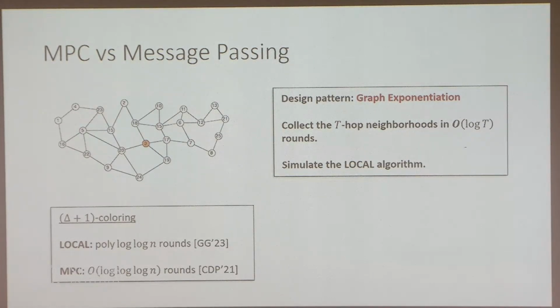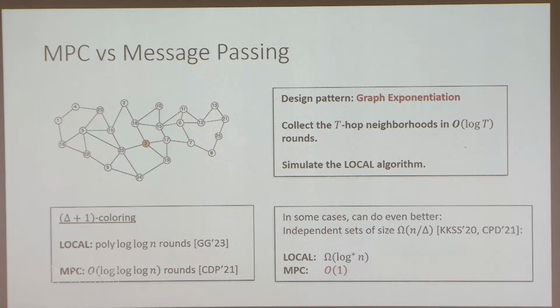And now don't be fooled, it's not just that I take the local algorithm and shove it into this framework. There are a lot of sparsification tricks to make it work, but the runtime eventually comes from the fact that you shove some parts of the algorithm into this exponentiation framework.